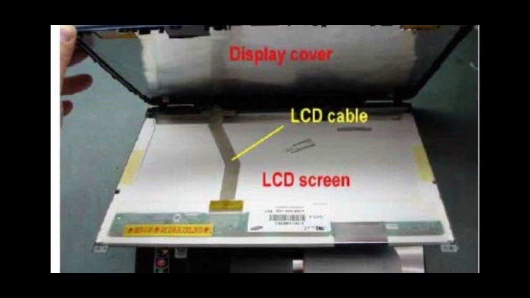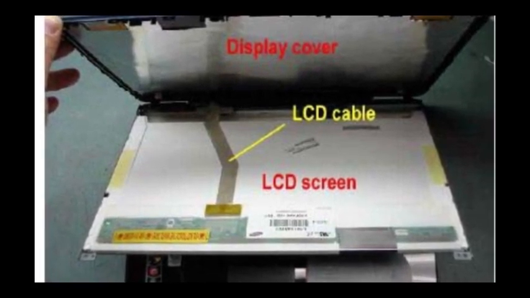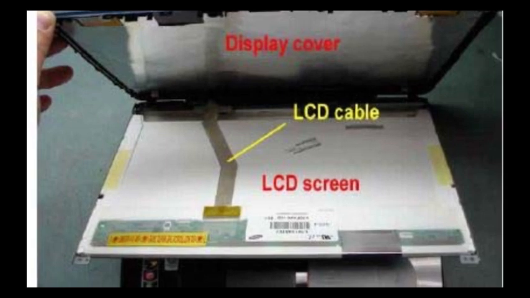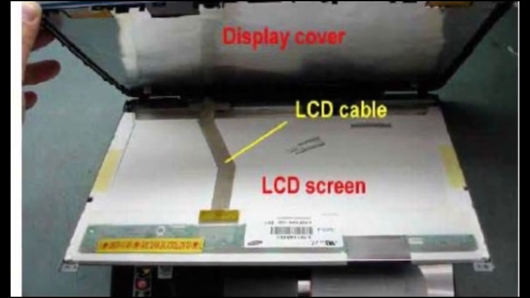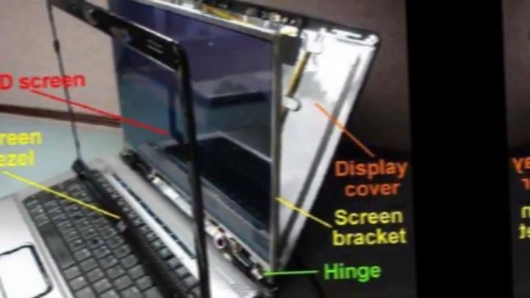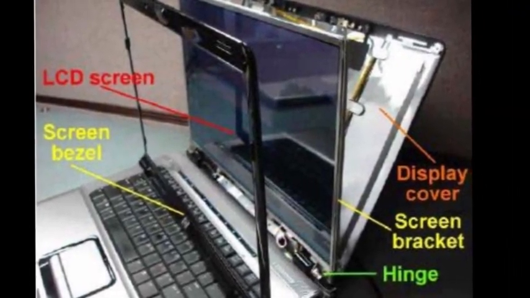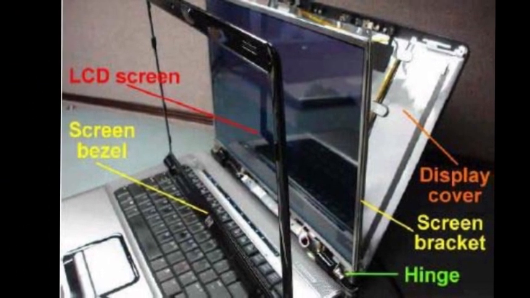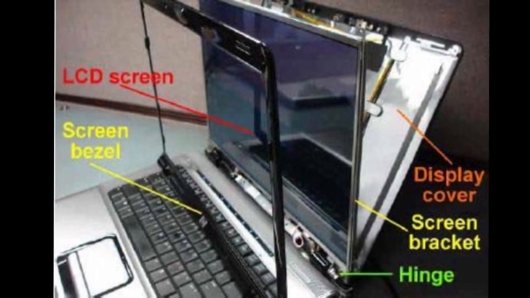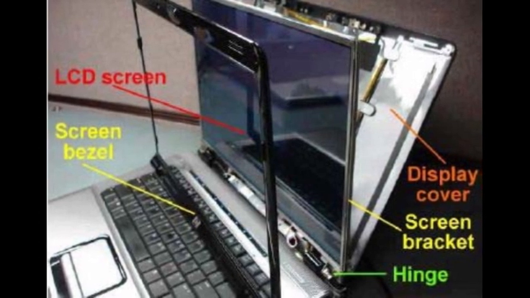This cable transfers data signal from the motherboard and video card to the LCD screen. That is the job of that cable, and that cable can go bad as well. If the cable is the problem, instead of going ahead and replacing the entire screen, it could be the LCD cable behind the screen that is faulty and not the screen. So it's important to understand the symptoms of a faulty LCD cable.